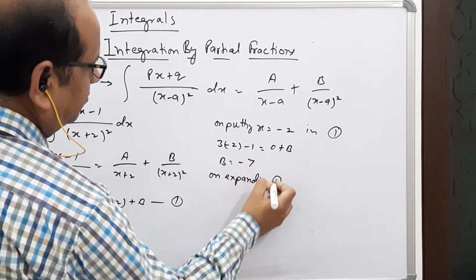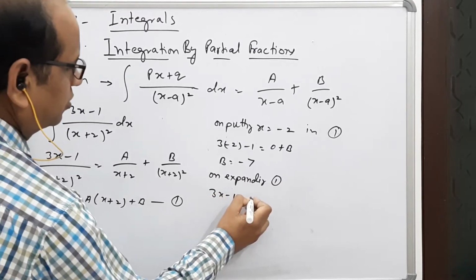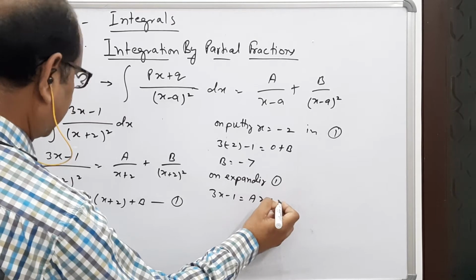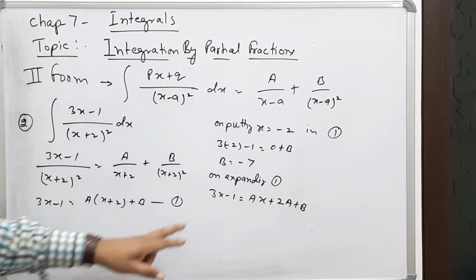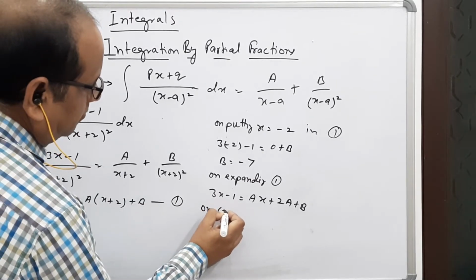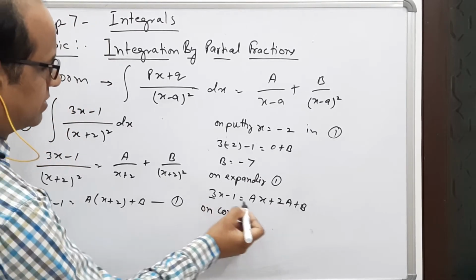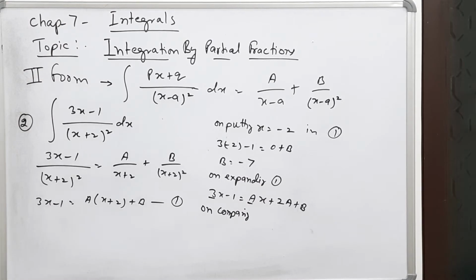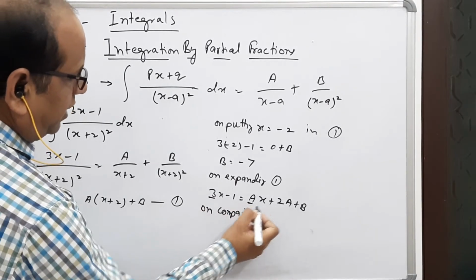On expanding, it is 3x - 1 equals Ax + 2A + B. If you compare both the sides, you will find that 3x is equal to Ax.